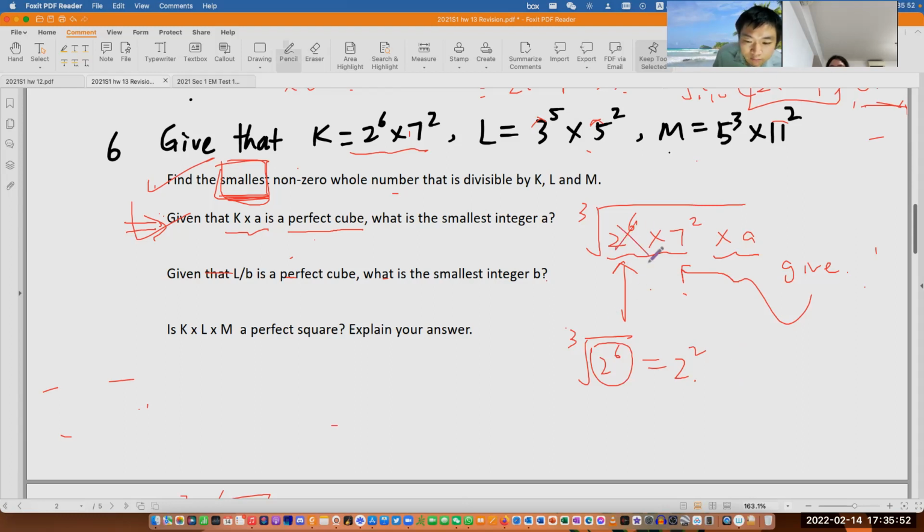Now test for the second one, which is this. Cube root 7 to the power of 2. And you know that 3 and 2, you need to give it a 7. So you give it a 7. That's why your A contains 7 only in this case. Okay, so the answer is correct. 7 is correct. Okay, good.